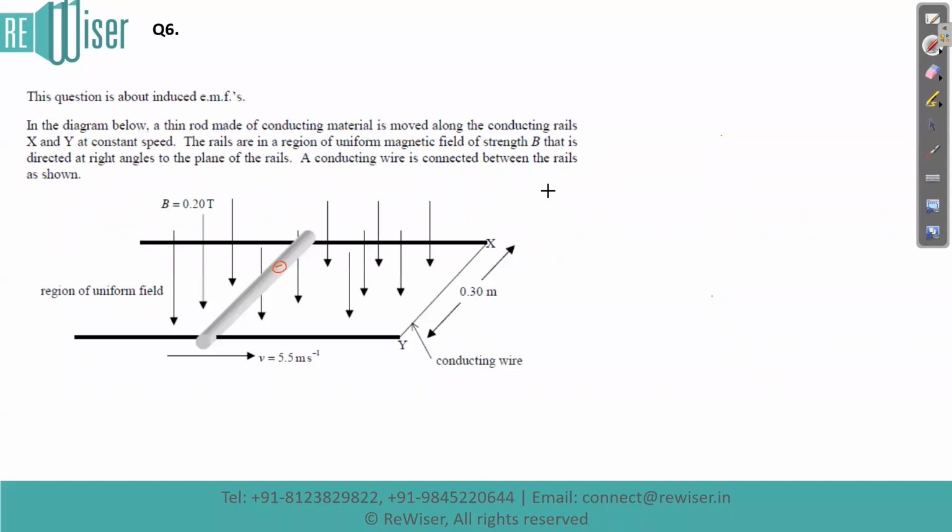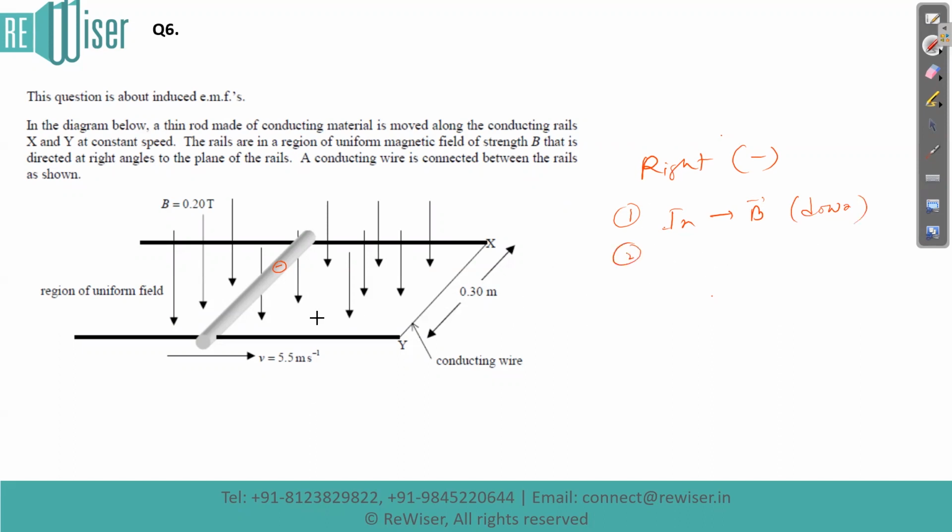So, right hand, in case of a negatively charged particle, first is your index finger. Index finger will show the direction of the magnetic field, which is downwards. Point your index finger downwards.